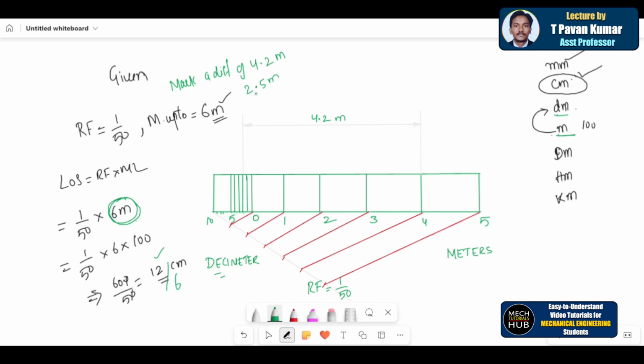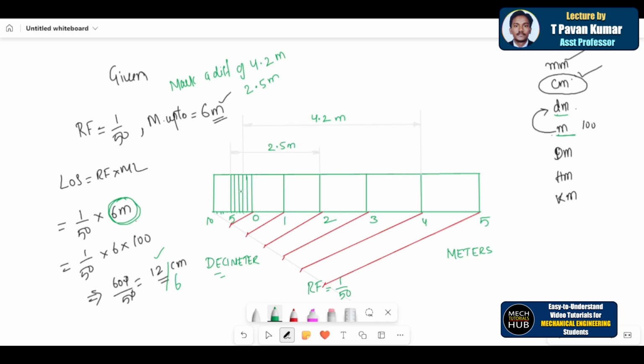Again, one more marking I make, 2.5, one leg of dimension on 2, one on 5, and a dimension line, something of this kind, and an arrow, fill the arrow, that is more important, and try to give the number whatever asked in the question. 2.5 meters, so 2 meters 0.5 decimeters.